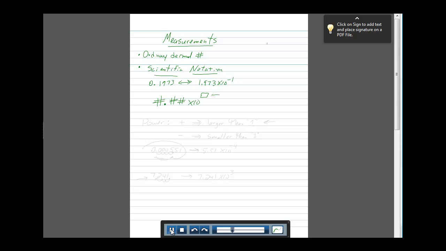And let's talk about this power and what this means. Now, when the power that you have is a positive value, this represents a large number, or a larger number than 1. When you have a negative power, this represents a number that's smaller than 1.